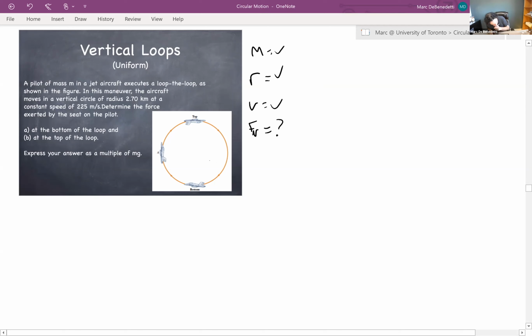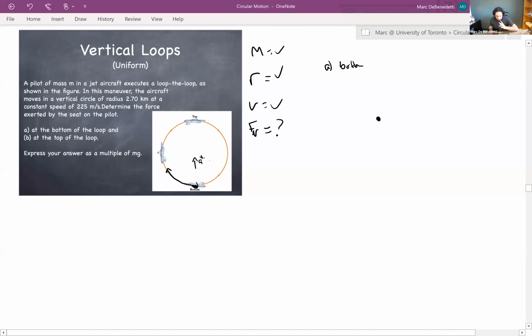Okay, so let's say A is the bottom. At the bottom of the loop, which is down here, it's in the middle of going up. And we know that in circular motion, the centripetal acceleration is always pointing radially inward. So we know the acceleration at the bottom is pointing up.